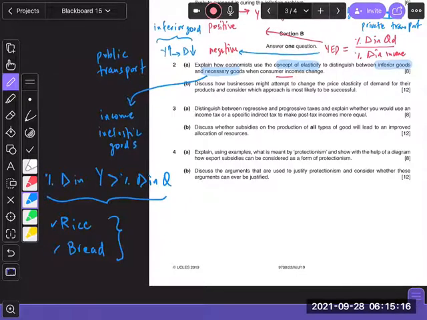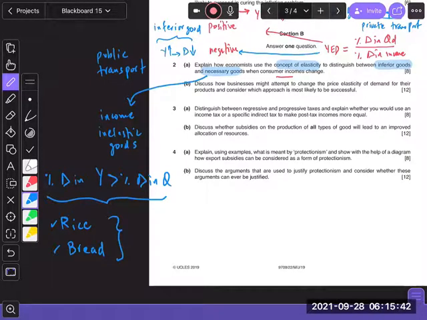So you can talk about here the YED, both the value as well as the sign is of significance. The lower the value of YED, the more the good is a necessity. The higher the value, the more it is not a necessity or a luxury good. Secondly, the sign of the YED tells us whether it's a normal or inferior good. And an inferior good, of course, can also be income inelastic or income elastic.